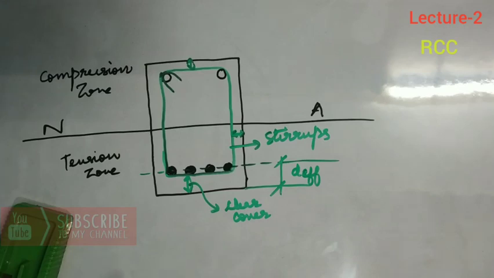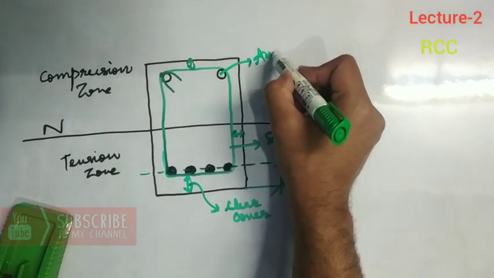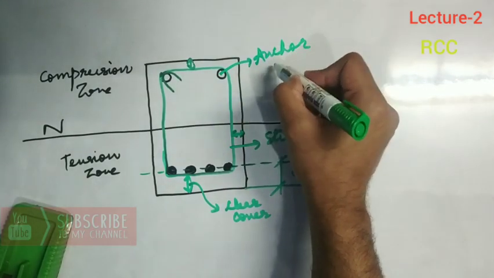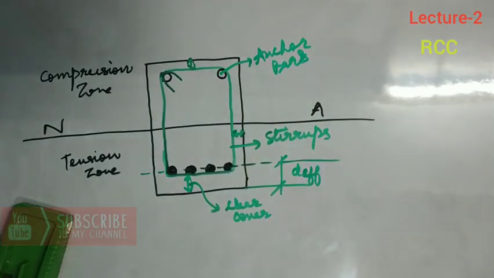So this is the difference between clear cover and effective cover. These are anchor bars. So this is the detailed cross section of a singly reinforced RCC beam.